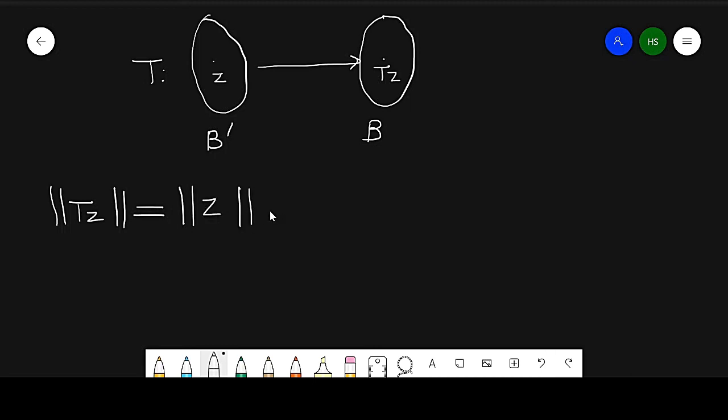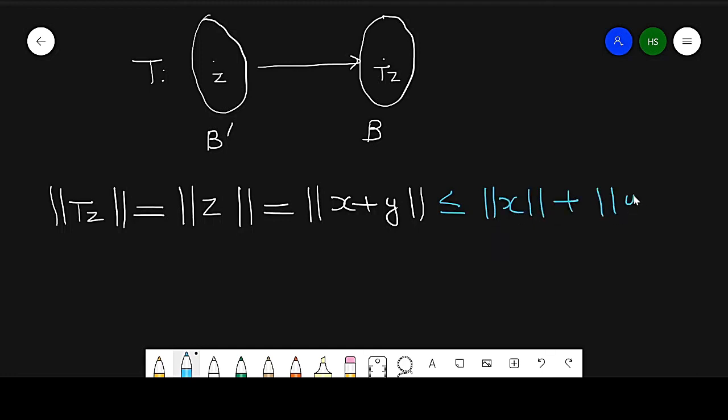So this is the norm of z. What is this? It is the norm of x plus y, and by using the triangle inequality in this norm, it is less than or equal to norm of x plus norm of y.